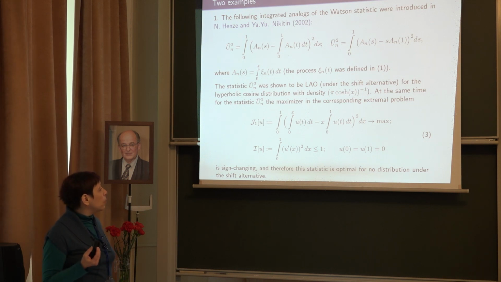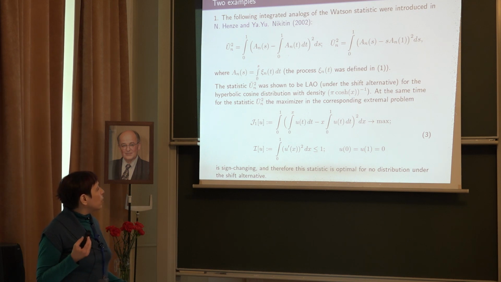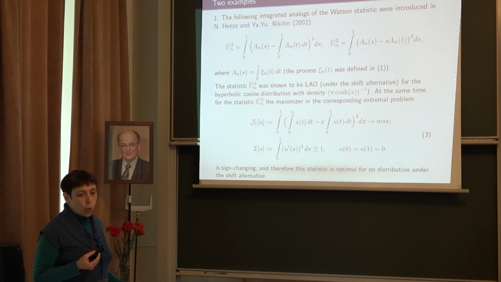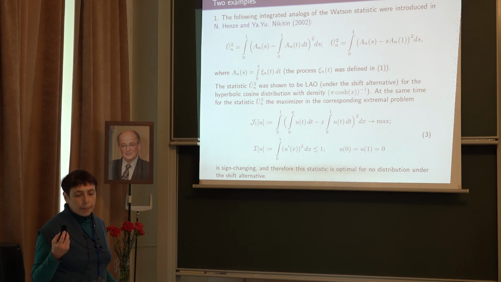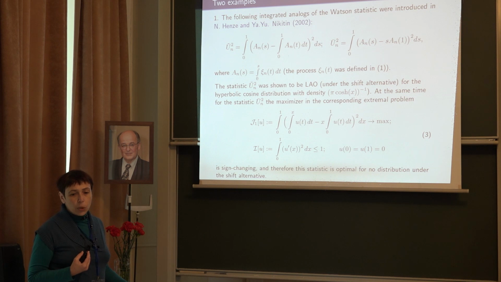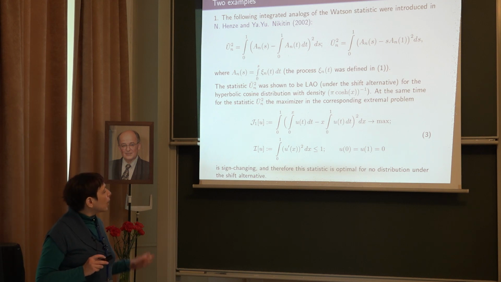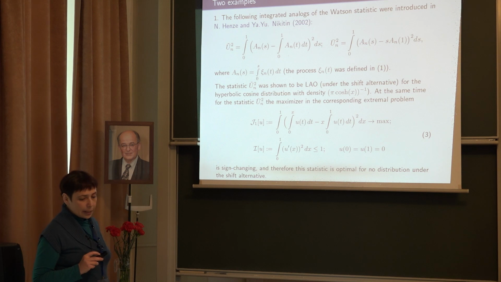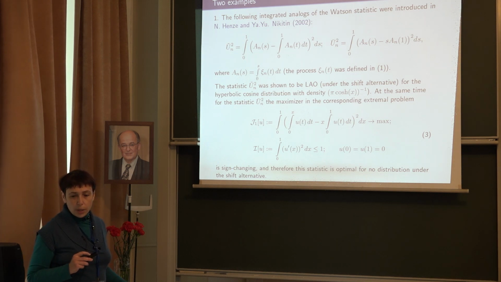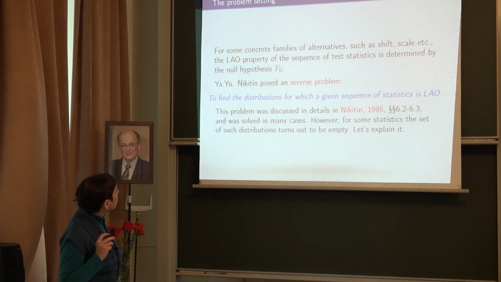So no distribution corresponds to this problem. And from this point, a question arises: which maximal Bahadur efficiency can you obtain? It's obvious from what I've said that you can't obtain efficiency 1. So what is the maximal available efficiency of a test?